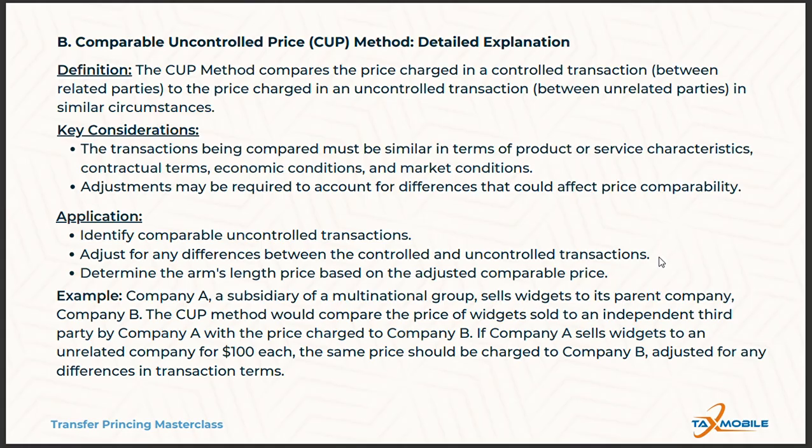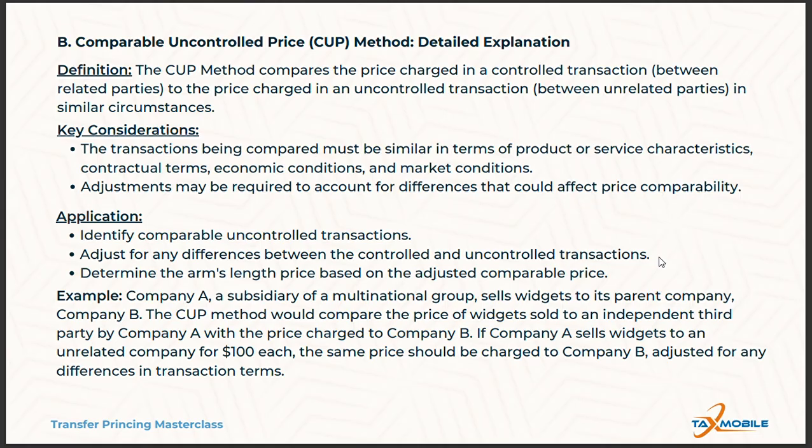Now, another example, let's say a subsidiary sells crude oil to its parent company. The CUP method would compare this price to the price of crude oil sold by the subsidiary to independent third-party customers. So if there are any differences, just like we're talking about adjustment, let's say there are differences in the quantities, in the delivery time, if these kinds of differences exist, adjustments would be made to ensure comparability.